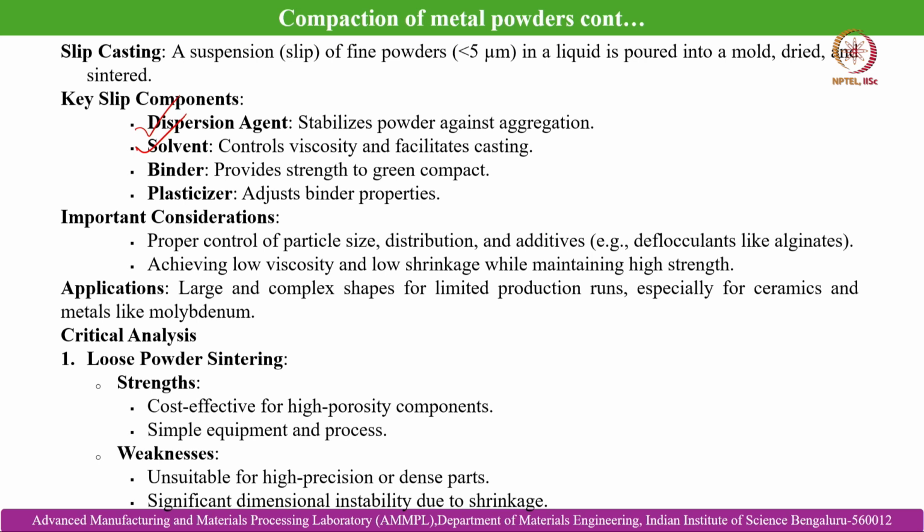It also includes a binder which provides strength to the green compact upon solidification or drying out. And then the plasticizer, which adjusts binder properties. So these are the key ingredients needed for slip preparation to do the slip casting.